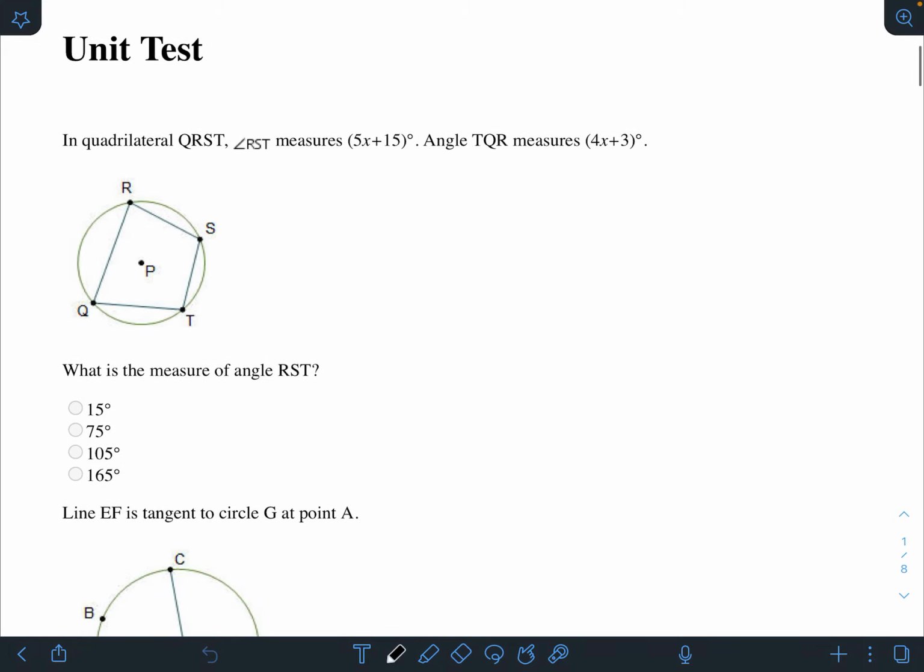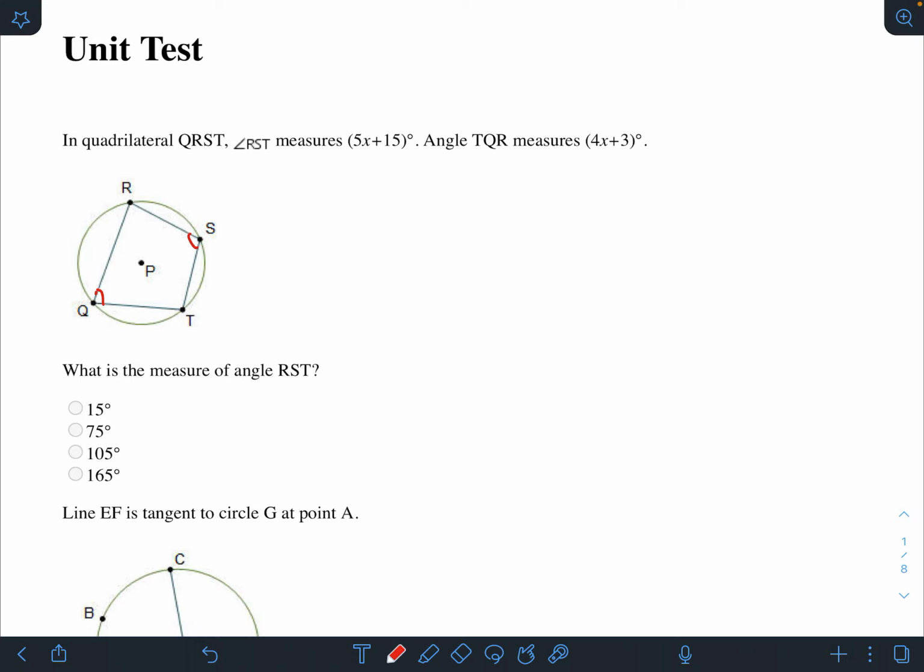This first problem says, in quadrilateral QRST, angle RST measures 5x plus 15 degrees, and angle TQR measures 4x plus 3. Here we have a quadrilateral that is inscribed inside of a circle, so what we need to remember is that opposite angles are supplementary.